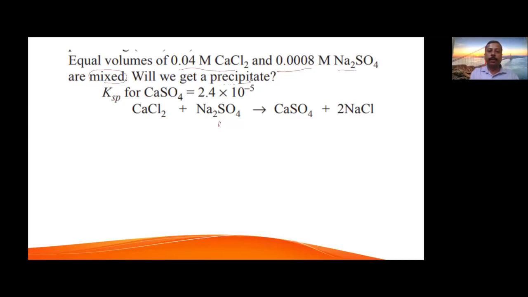Will we get precipitate? This type of question we have done, and the equation also I am giving here. KSP of CaSO4 is 2.4 into 10 to the power of minus 5.